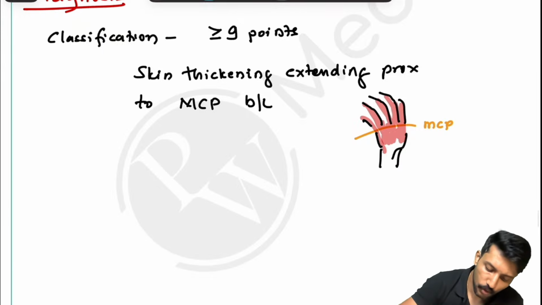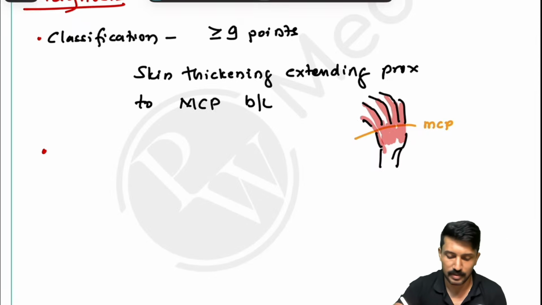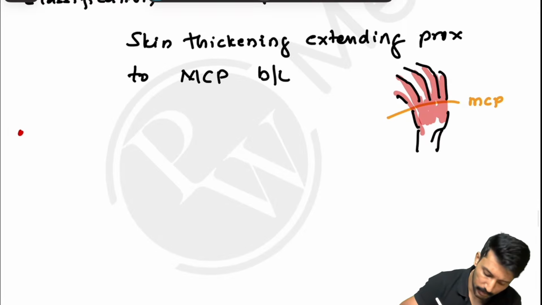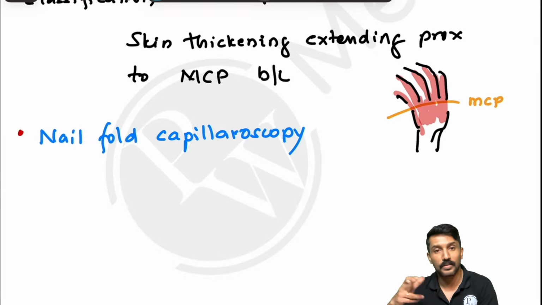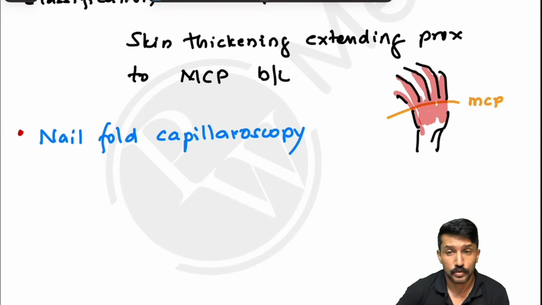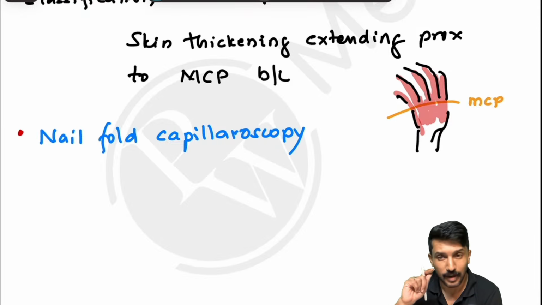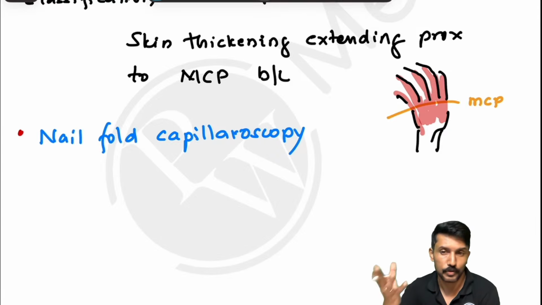But I want you to draw attention to another important investigation that may be asked as a potential MCQ, and that is nothing but nail fold capillaroscopy. Because Raynaud's phenomenon can also happen physiologically on exposure to cold. That is called Raynaud's disease. So this helps us to differentiate between an abnormal Raynaud's phenomenon due to scleroderma and the physiological Raynaud's phenomenon due to Raynaud's disease.